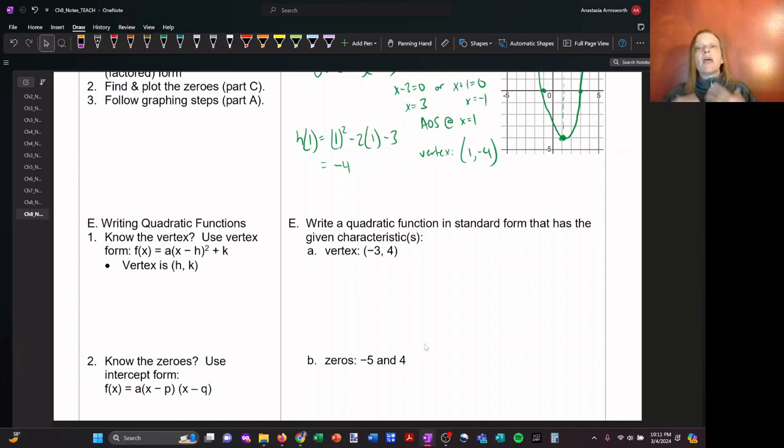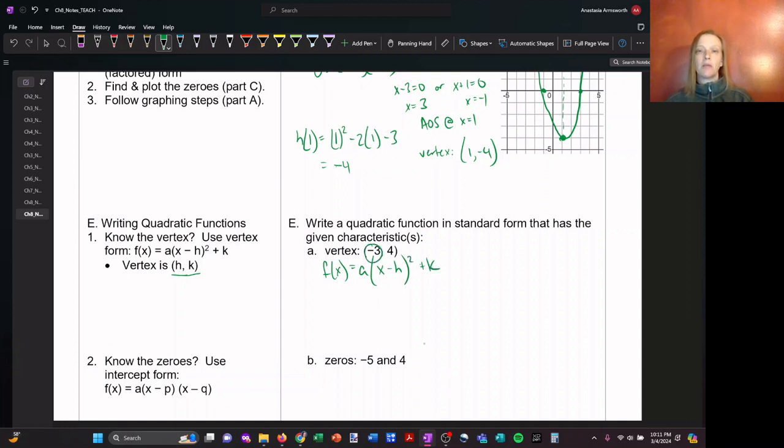For instance, if I know the vertex of my parabola, then I can use the vertex form of the equation to help me write the correct formula. If I know my vertex is at negative 3 comma 4, well, the vertex is at h comma k, so I want to plug things in. I'll just write the generic formula first.